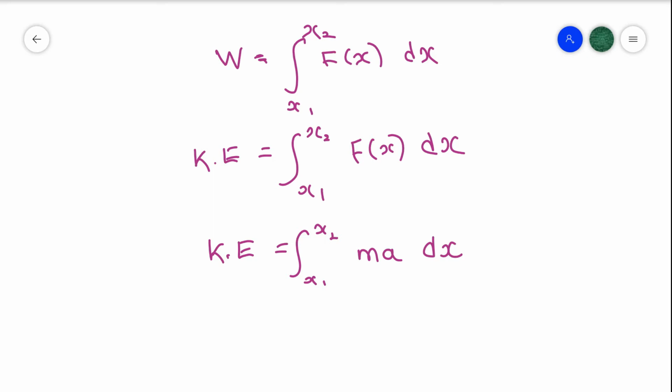In order to integrate this, because our integral is with respect to x, which is displacement, we will consider the definition of acceleration.